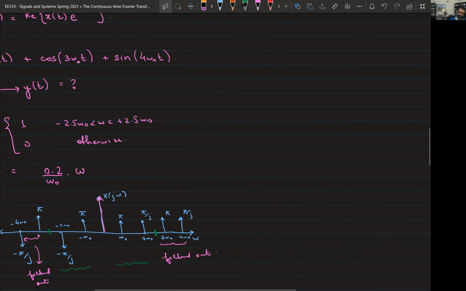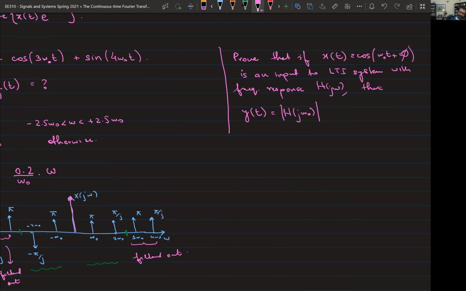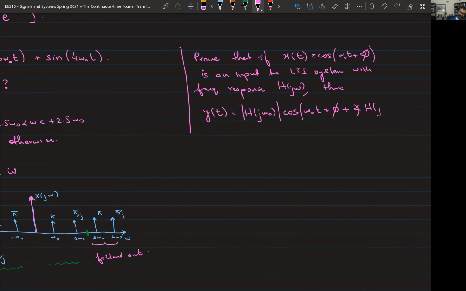So this question is: prove that if x of t equals cosine omega naught t plus phi is an input to an LTI system with frequency response h of j omega, then y of t equals the absolute value of h of j omega naught times cosine omega naught t plus phi plus the phase of the frequency response evaluated at omega naught.